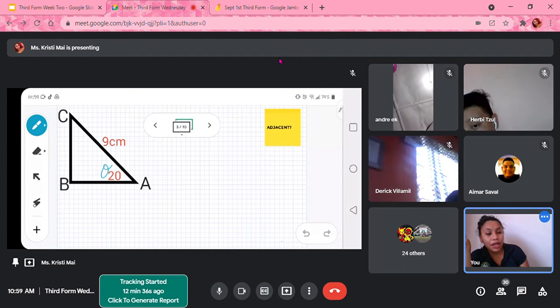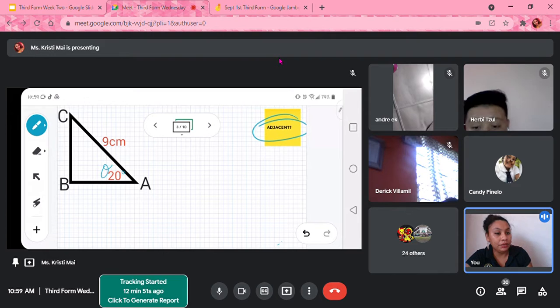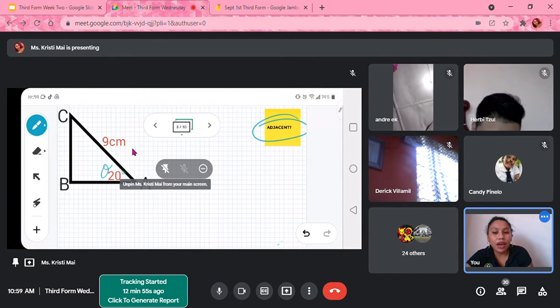Okay. So in this second question, theta is going to be 20 degrees. You have 9 centimeters, and in this case we are looking for the adjacent. So what do we call 9 centimeters in this case?